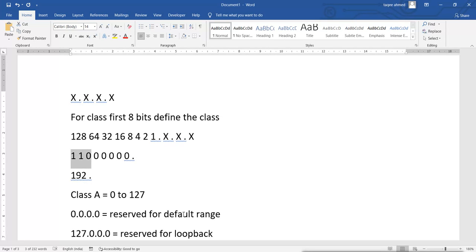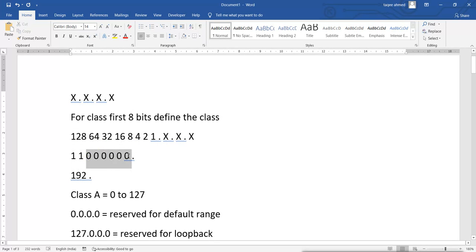Why? Because if you disable any of the first 2 bits, you will never reach 192, since you only reach 192 by enabling 128 and 64. You have to enable these bits, otherwise you will never reach class C. You will always be in class A or B.